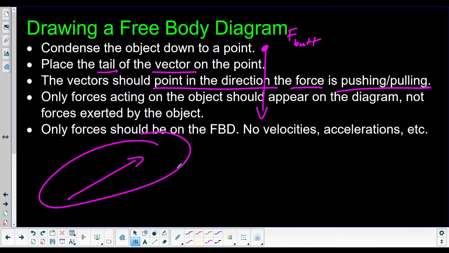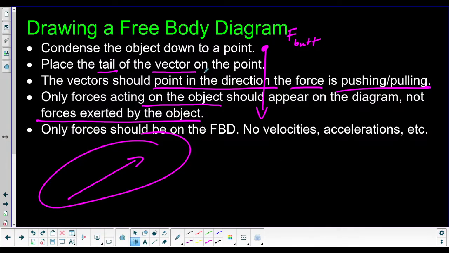We're also going to, only forces acting on the object should appear on the diagram. One mistake that students often make is they'll say, but my butt is pushing on my brother, so I need to put that force on there. No. We only care that your brother is pushing on your butt.